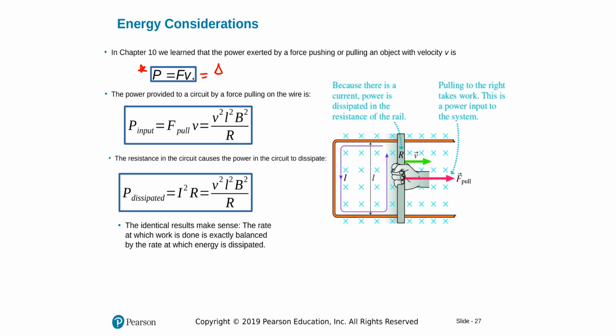Remember, power is still change in energy divided by time, or work per unit time, right? Work is equal to change in energy. We can use these ideas to calculate power or even energy in the system, or work done.